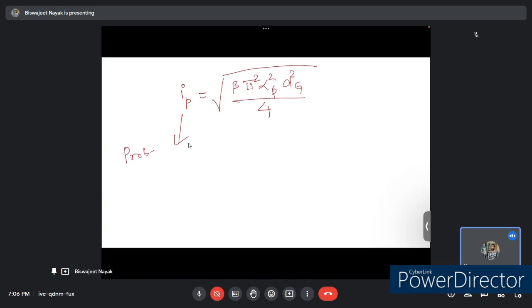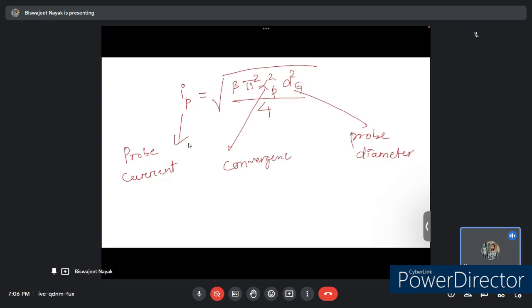Ip is the probe current, dg is the probe diameter, and alpha is the convergence angle.